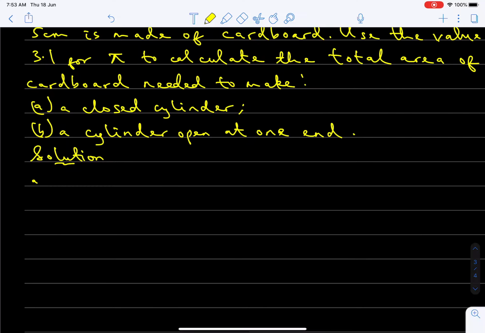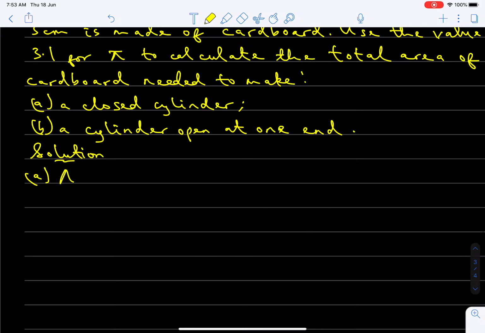Area of cardboard. We are answering question A first. The area of cardboard which is needed to make a closed cylinder is the same as the total surface area of the cylinder to be made.